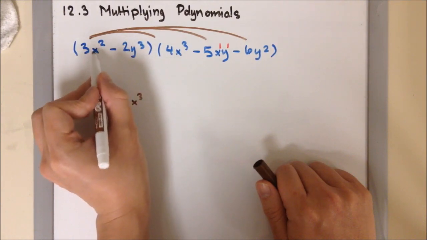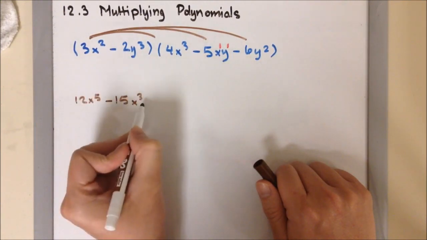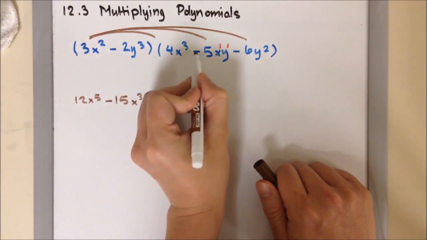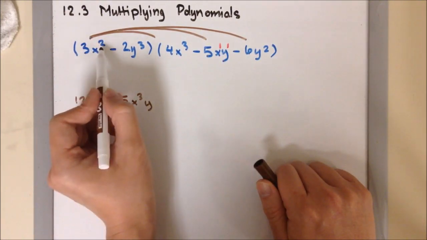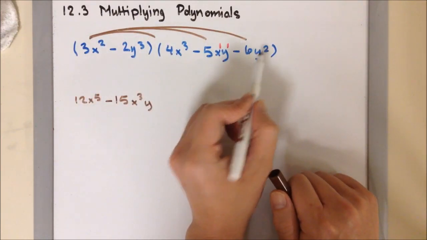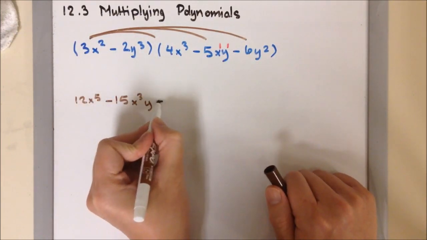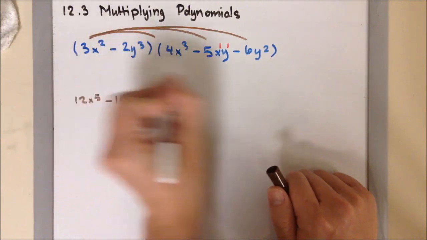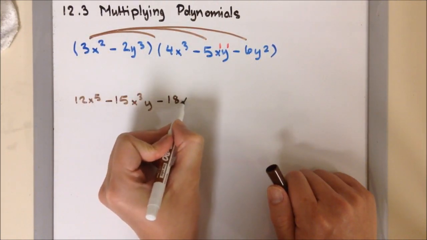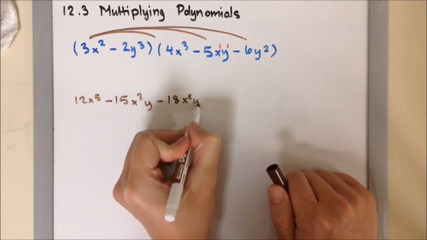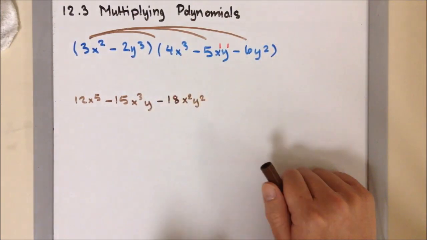There's no y with the 3x to the second power, so we're just going to carry the y from negative 5xy. And then 3x to the second power times negative 6y to the second power will be negative 18, because of 3 times negative 6. There's no corresponding variable, so it's just going to be x to the second power with the y to the second power next to each other, just like that.